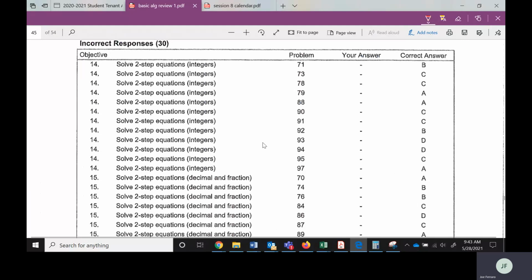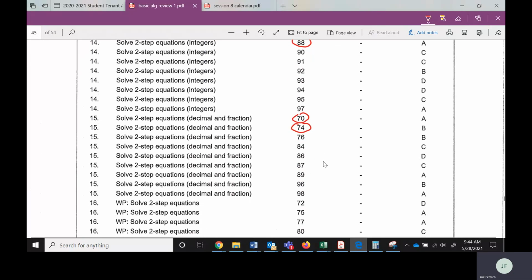All right, so the ones we did, I'll go through and circle. We did 71, 78, 79, 88. We went to 70, 74, all the way down to 92.